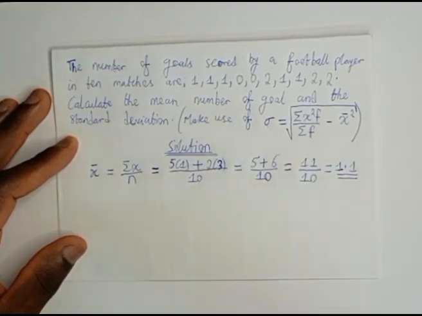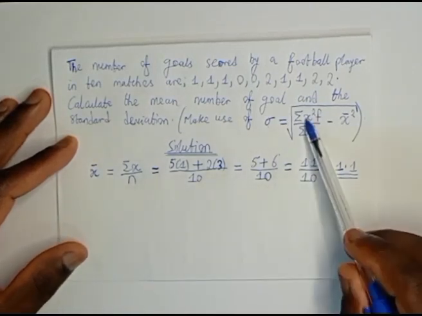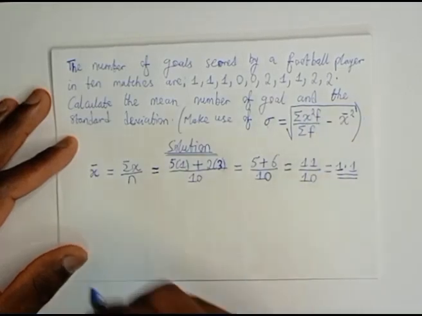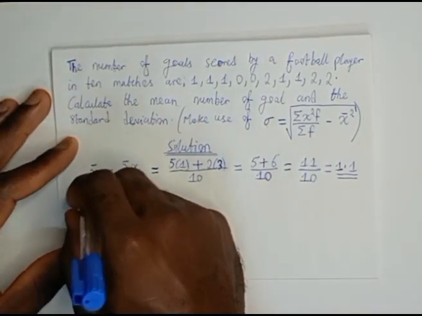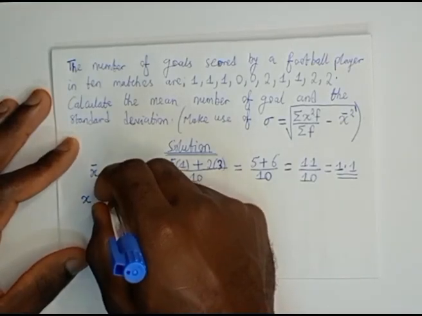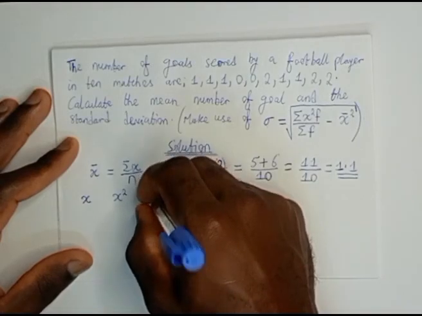For us to easily calculate standard deviation, we are going to construct a frequency table, of which we are going to calculate x squared and x squared f. First, we need a column for x. Next, we need a column for x squared. Next, we need a column for f.